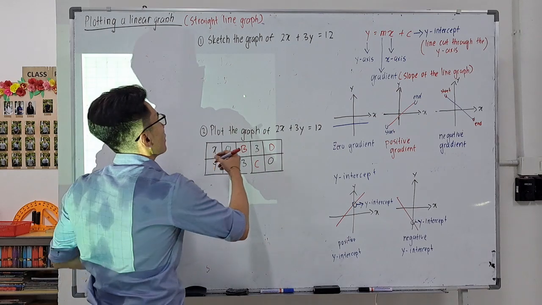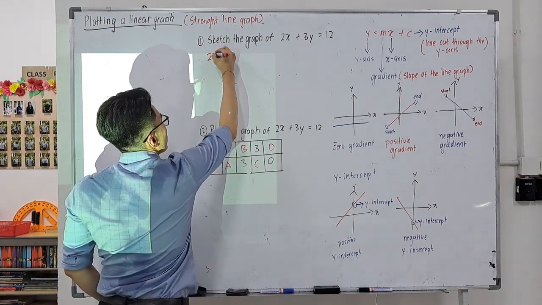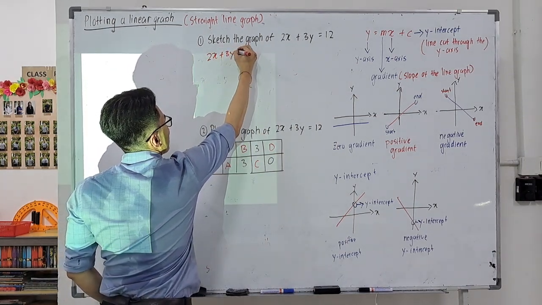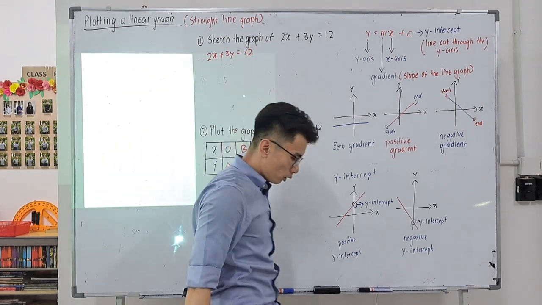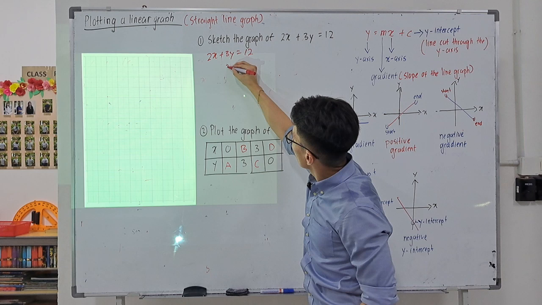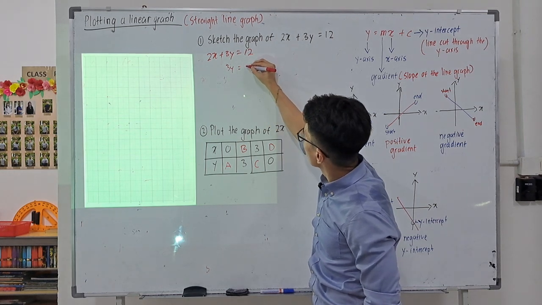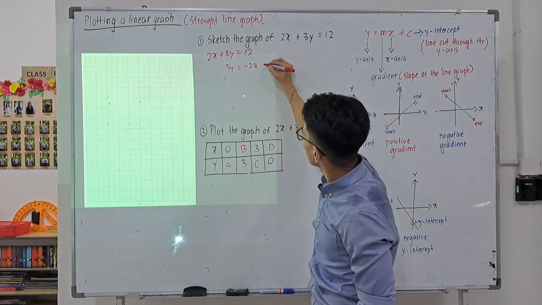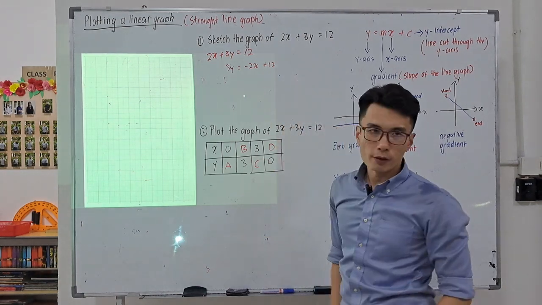So what do I have here right now? I have 2x plus 3y equals to 12. Okay, let's work this out. So 3y is going to equal negative 2x plus 12, right?